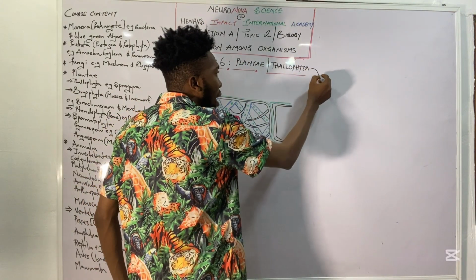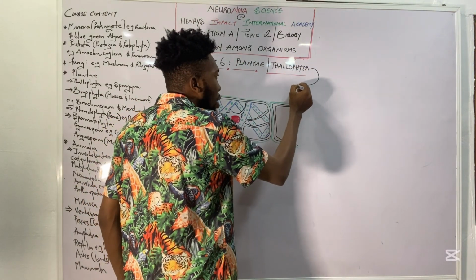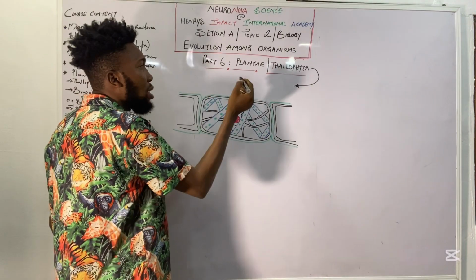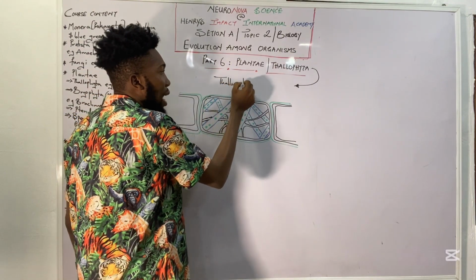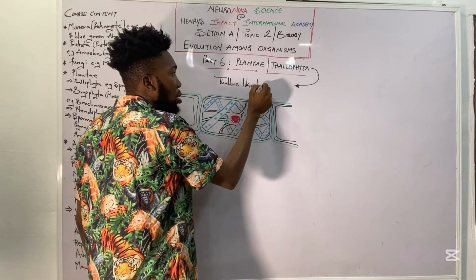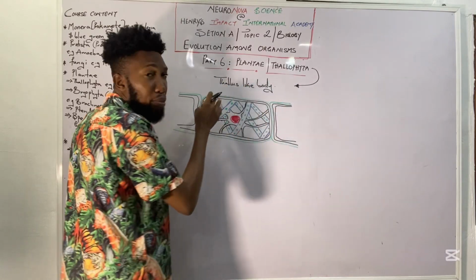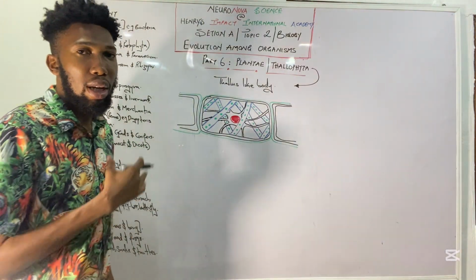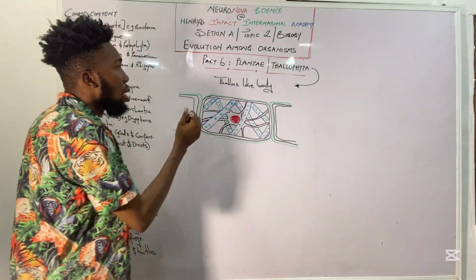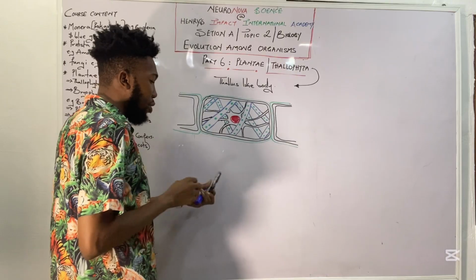When we hear the word THALLOPHYTA, it's simply organisms that have a thallus-like body. Just like what I said during the fungi lecture, a thallus-like body is simply a body that is undifferentiated.